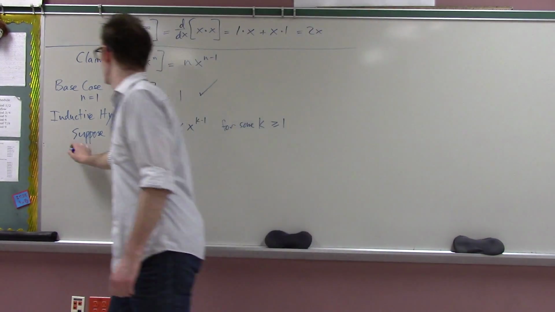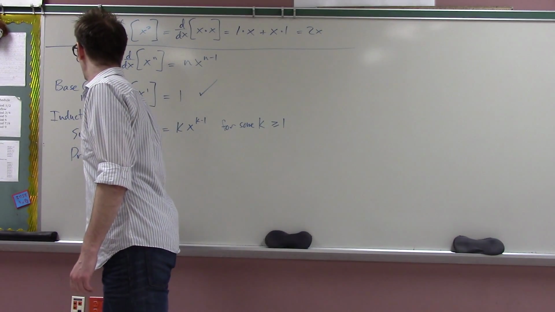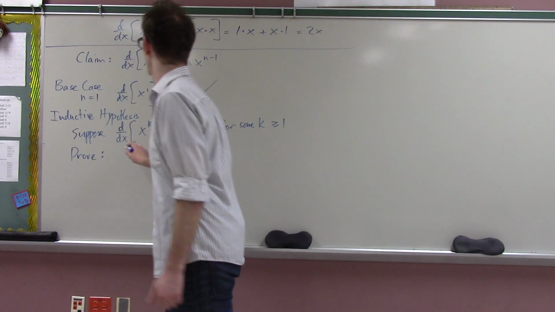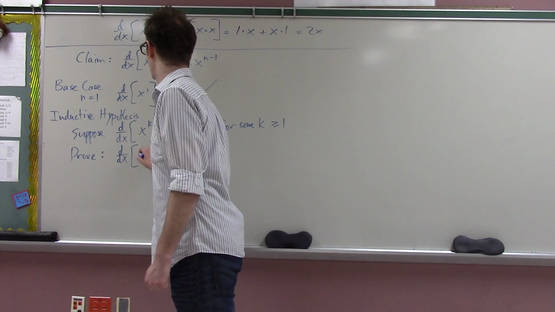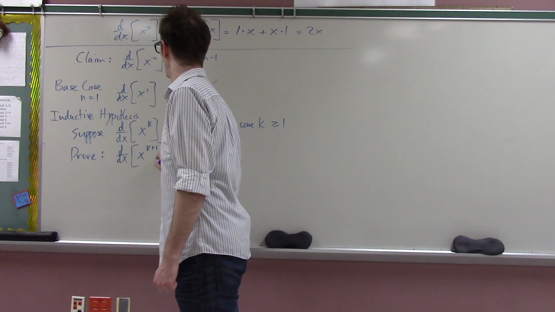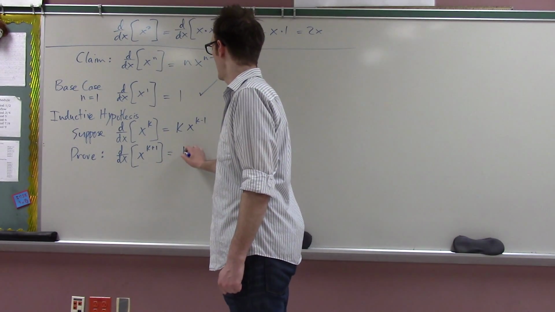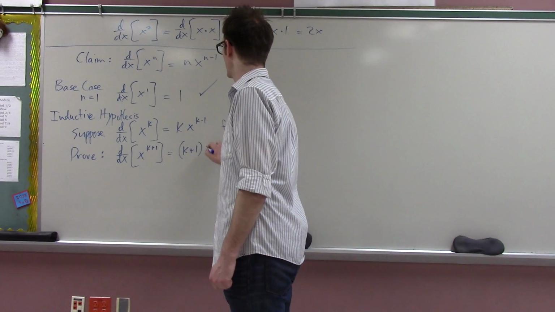And then what I need to prove in order to complete the inductive step is, on this assumption, that the derivative of x to the k plus 1 is k plus 1 times x to the k.